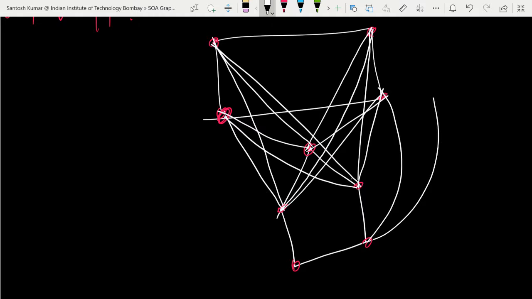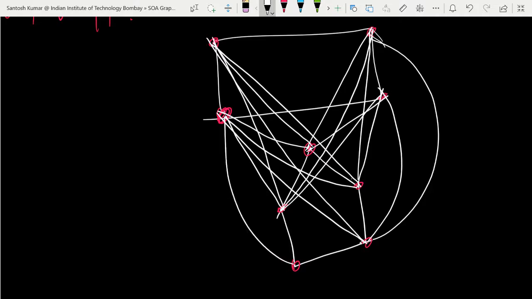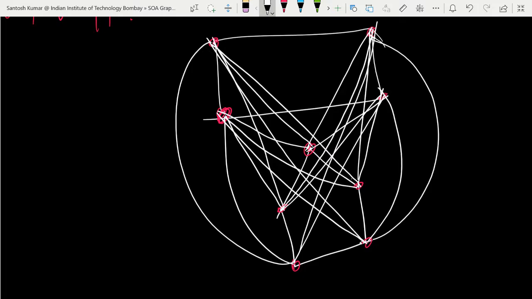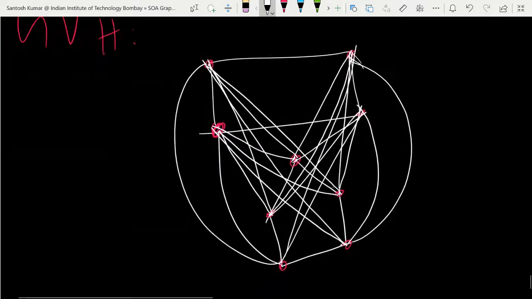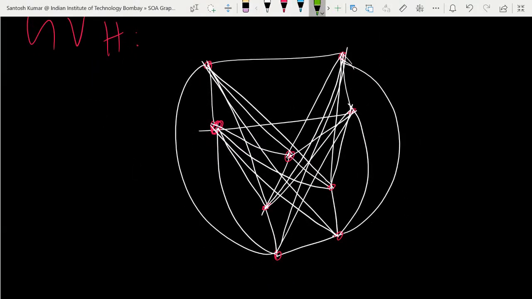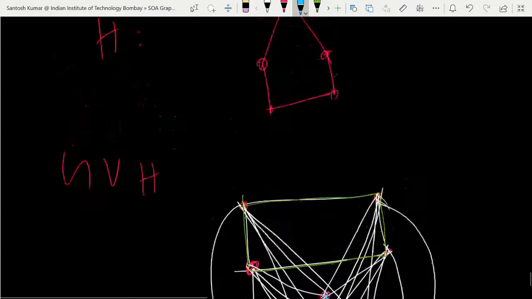Then 1, 2, join this, 3 and 4. 1, 2, 3, and then 4, like this. So it's very complicated, but you had this first, you had this, and then you had this. So simply you can decide actually.